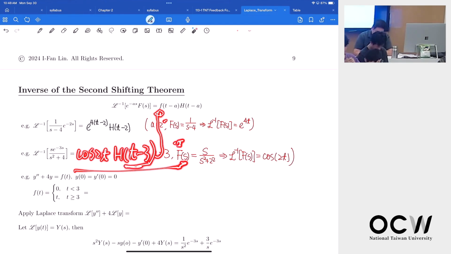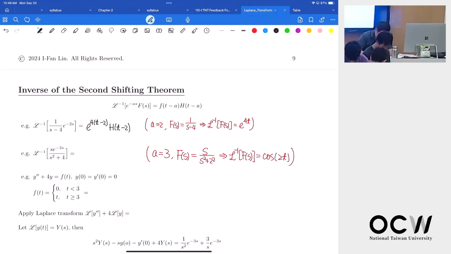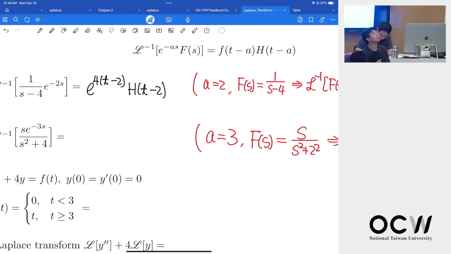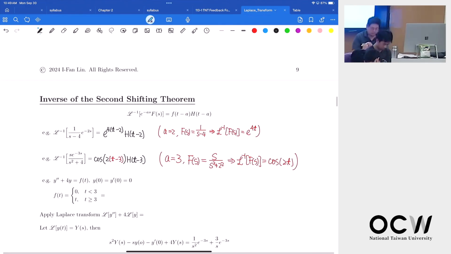If you want to use the second shifting theorem, if you shift the Heaviside function, your original function you also have to shift. So here it should be cosine 2(t minus 3). All right.